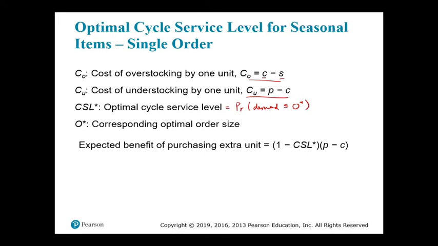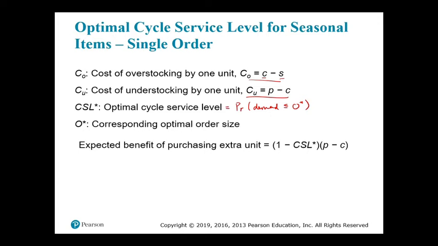So therefore, we can see that if we purchase one extra unit, the expected benefit is going to be the probability that demand is going to be higher than O star multiplied by the marginal profit level.